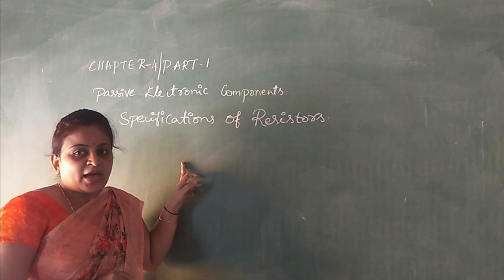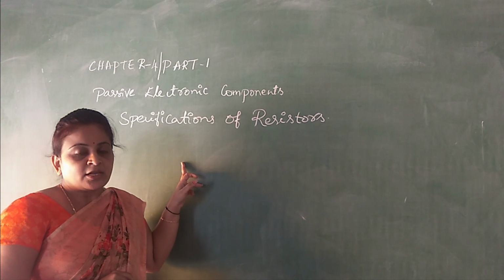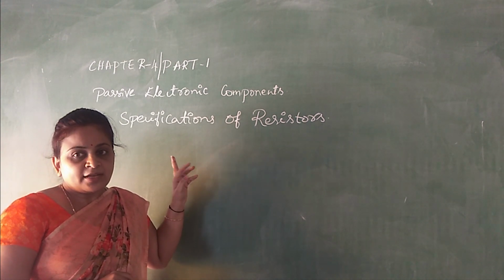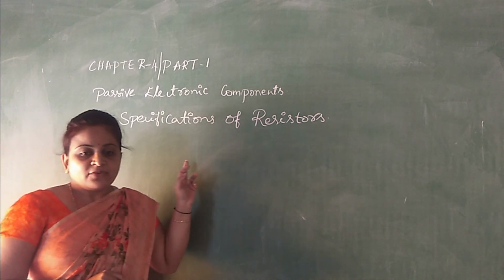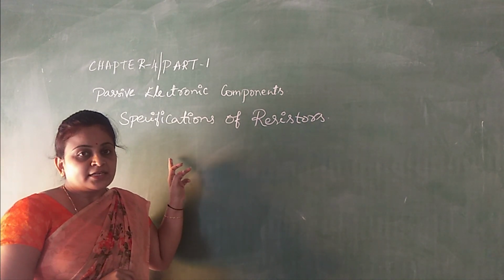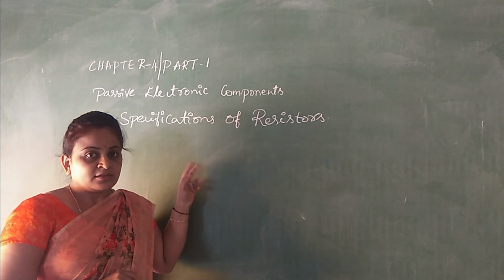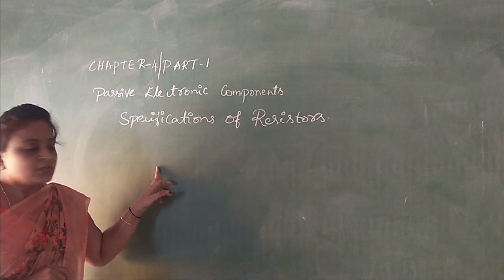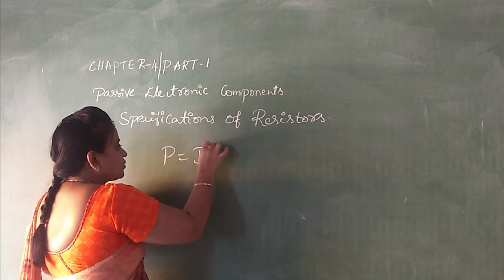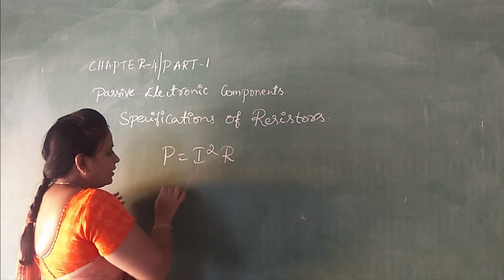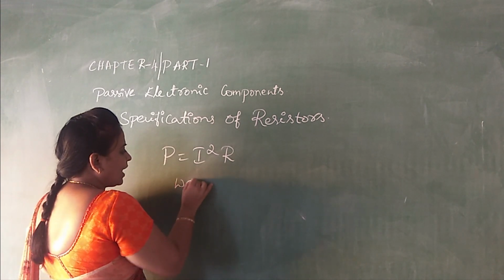That means the maximum value of the resistance for whichever circuit is going to be designed. Next we have power rating, the maximum power of a resistor that can be dissipated safely in the circuit. It is denoted by P is equal to I square R and SI unit of power is watts.